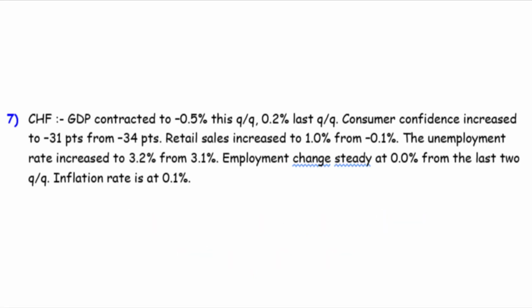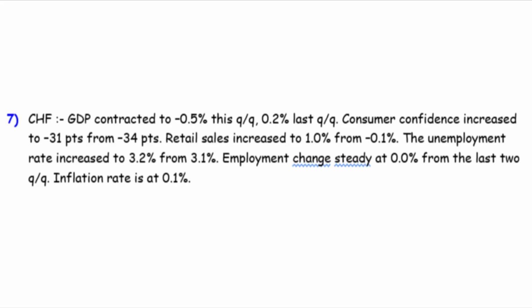Moving to Switzerland, GDP contracted to negative 0.5% this quarter, 0.2% last quarter. Consumer confidence increased to negative 31 points from negative 34 points. Retail sales increased to 1.0% from negative 0.1%. The unemployment rate increased to 3.2% from 3.1%.